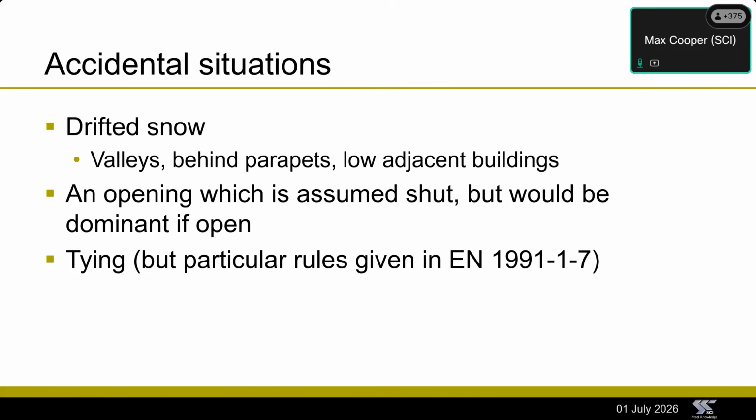So if you've got a dominant opening in a building, that will obviously lead to some quite high internal pressure coefficients, meaning that the building would want to inflate, or deflate. So you don't need to consider this for your main ultimate limit state design combinations, but you do need to consider it as an accidental situation.